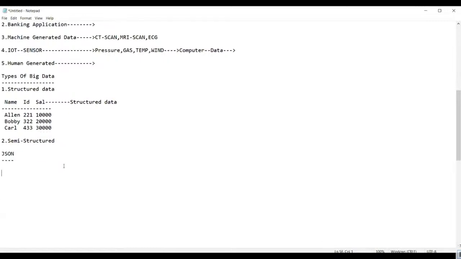The data in the JSON file will be given in curly braces. Now, if I define this data in JSON format, let us see how the data will be. Name under double quotes, and use the colon, ALN. Now, guys, use a comma. After this, use it again. ID.